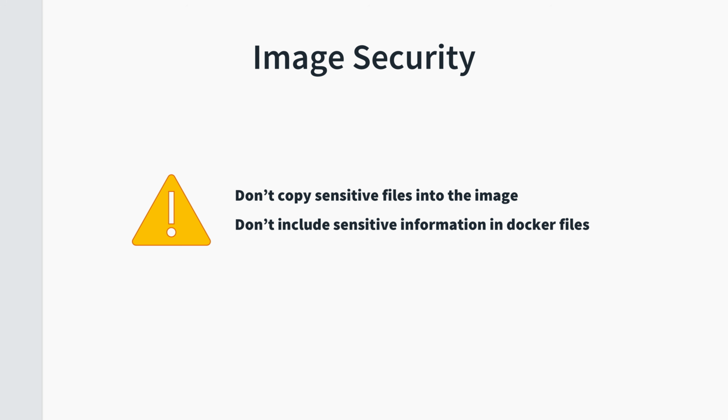First, don't copy sensitive files into the image. Only include files that you'd be comfortable with anyone seeing. Second, don't include sensitive information directly in your Dockerfile. That means no usernames, no passwords, no API tokens, and nothing that's private.